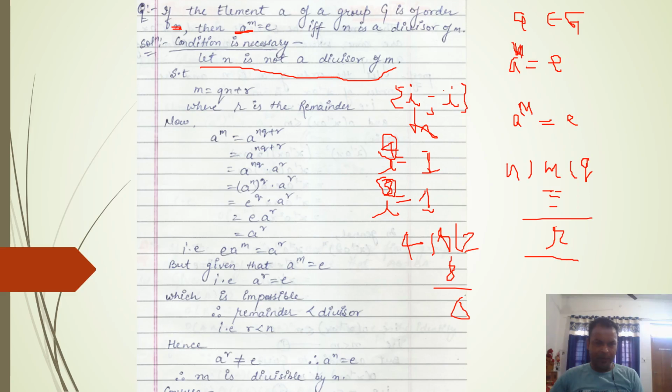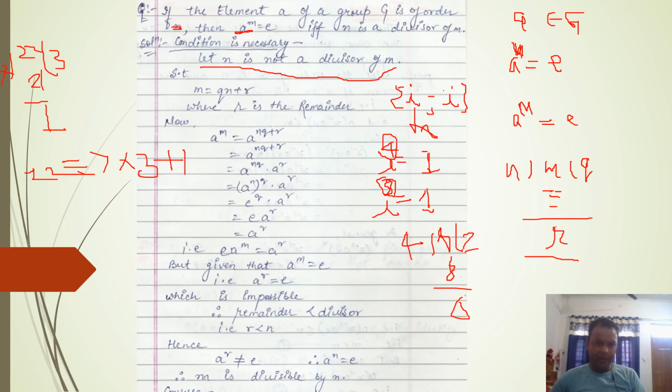For an example, suppose you are dividing 22 by 7. Then the table goes thrice, 7 threes are 21, and you will get the remainder 1. You can write this 22 in this manner: 22 can be written as 7 into 3 plus 1.